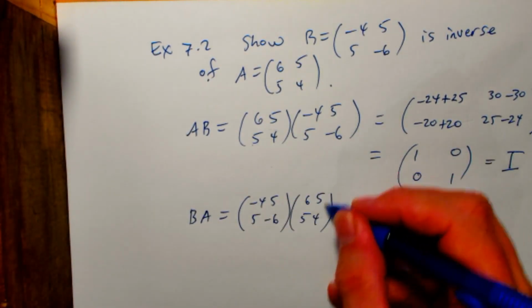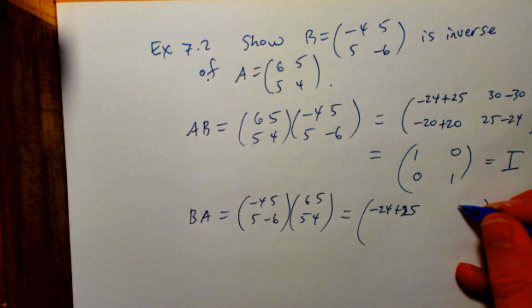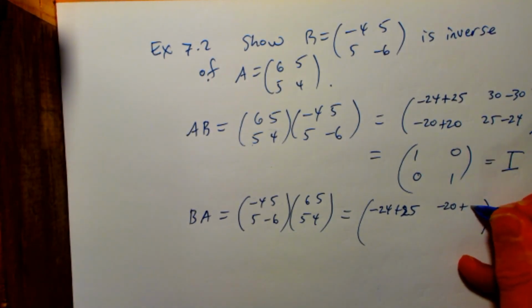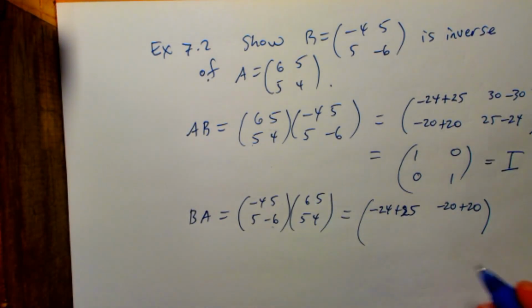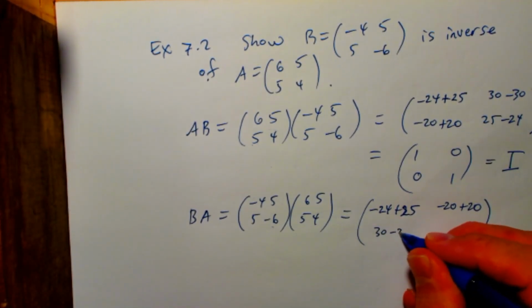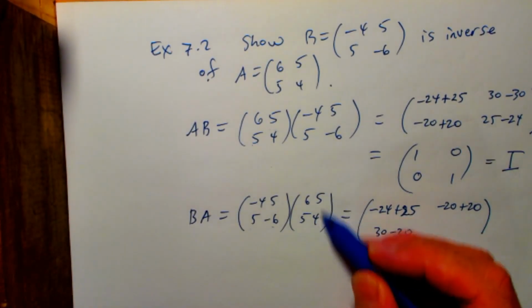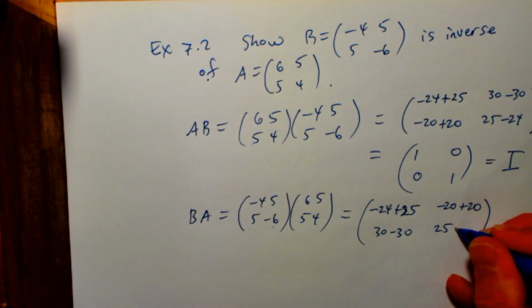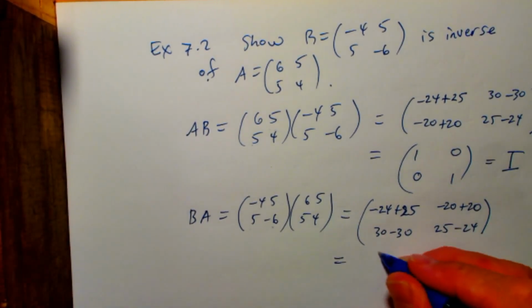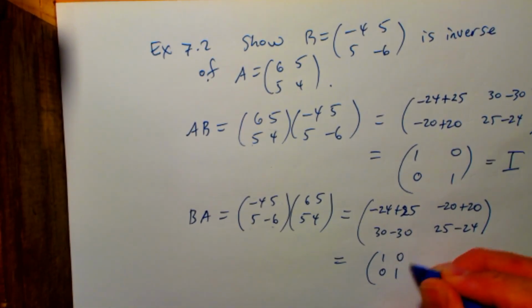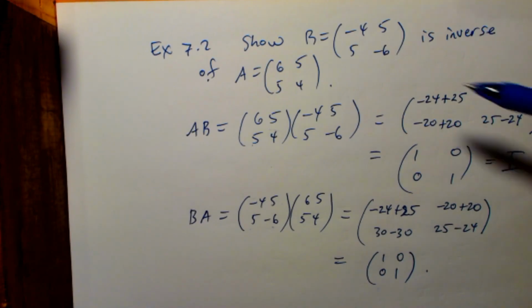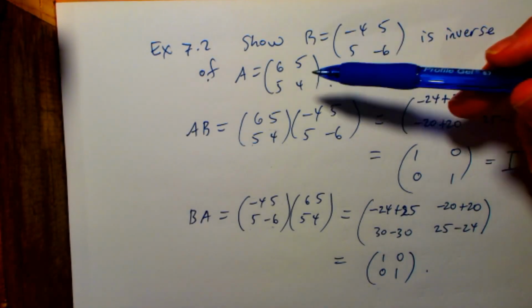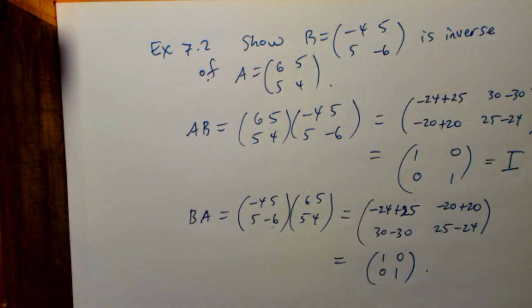Then this row times this column gives us minus 20 plus 20. This row times this column gives us 30 minus 30. This row times this column gives us 25 minus 24. And again, this is the identity matrix. So therefore this is the inverse of this, and this is the inverse of this.